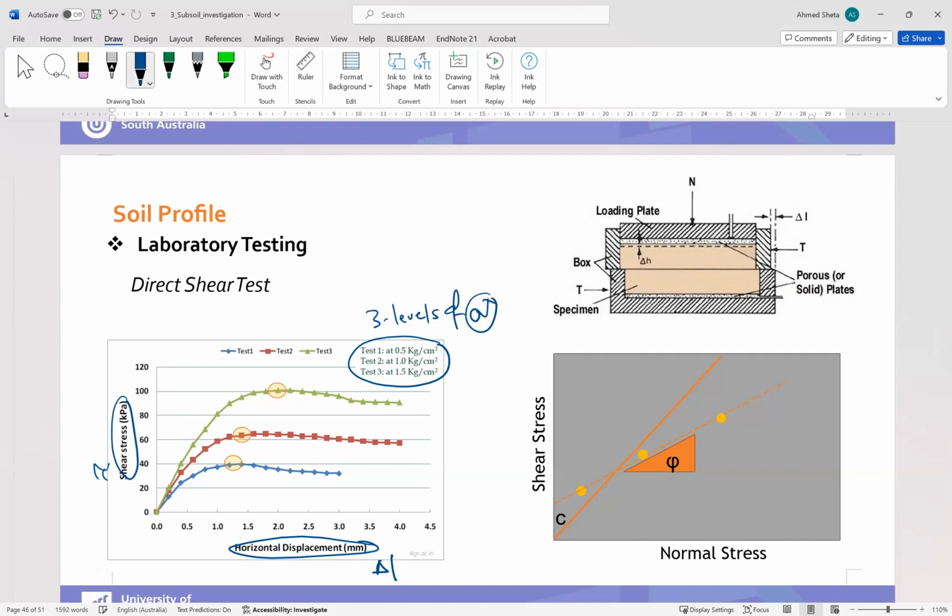So as you can see, we have, for example, test 1, test 2 at 1 kilogram per centimeter squared, test 3 at 1.5 kilogram per centimeter squared. And as you can see, when you increase the vertical pressure, the normal stress, the shear stress also increases. So increasing normal stress, increasing shear stress.